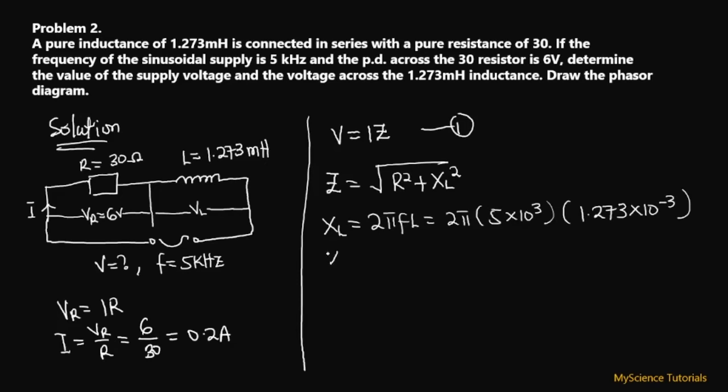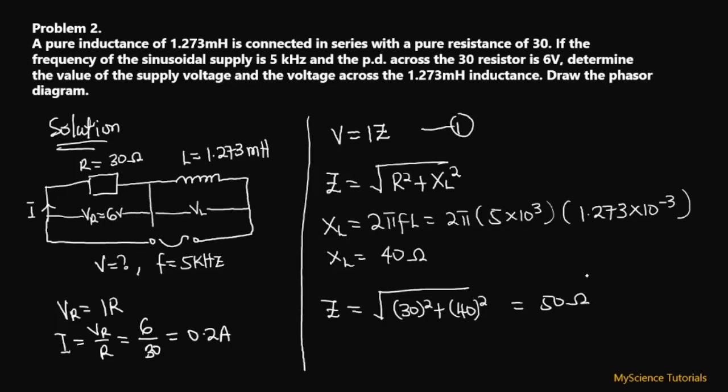If we compute all of this in our calculator, we are going to get 40 ohms as our XL. So now that we have this to be 40 ohms, we can calculate our impedance. Z is equal to the root of 30 squared plus 40 squared. If we compute this and find the root, we get 50 ohms.